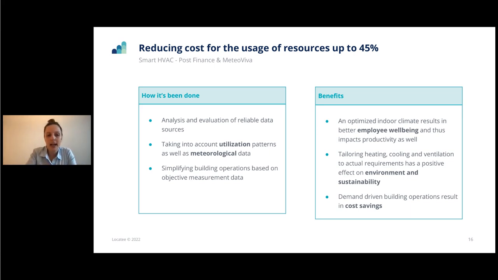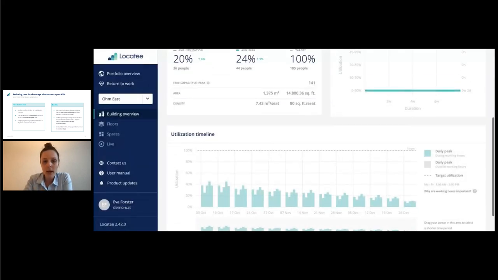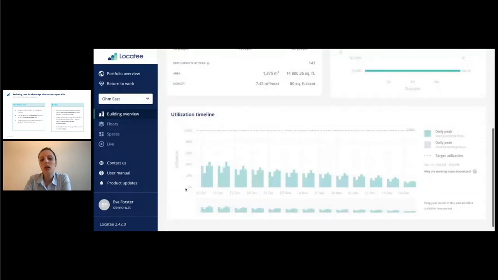If we have a look at our product, we are mainly interested in seeing how exactly the building itself is evolving. If we now have a look here at the building itself, so at the whole building overview, we can see that our building East has an overall decreasing trend.